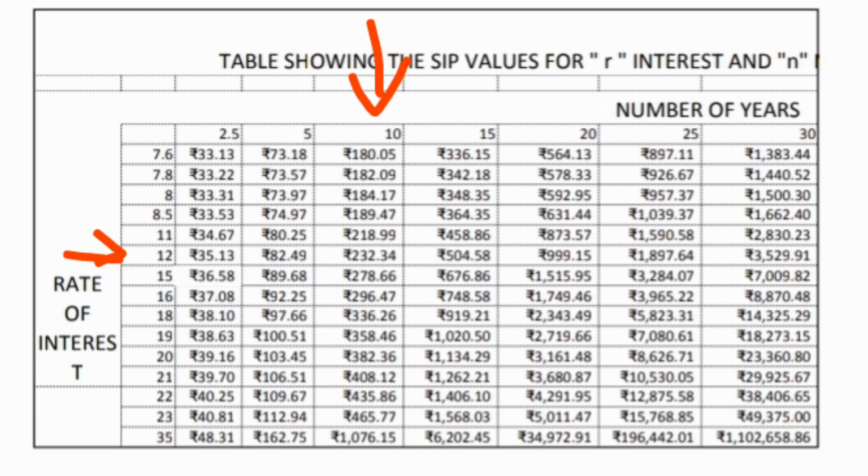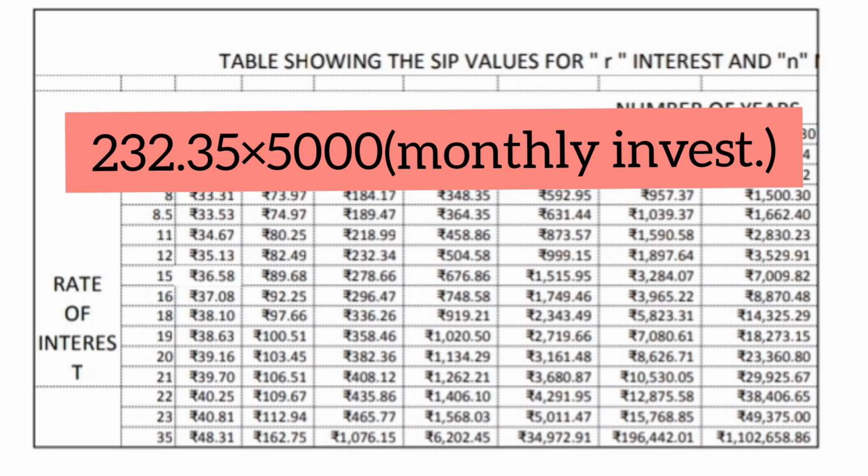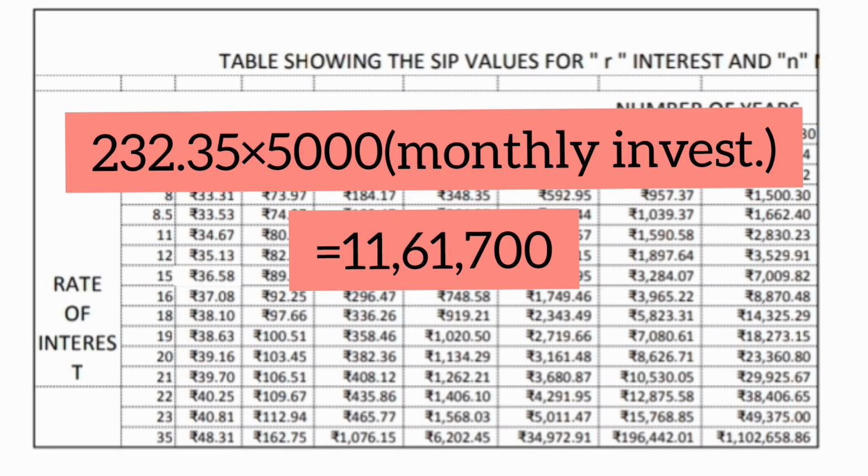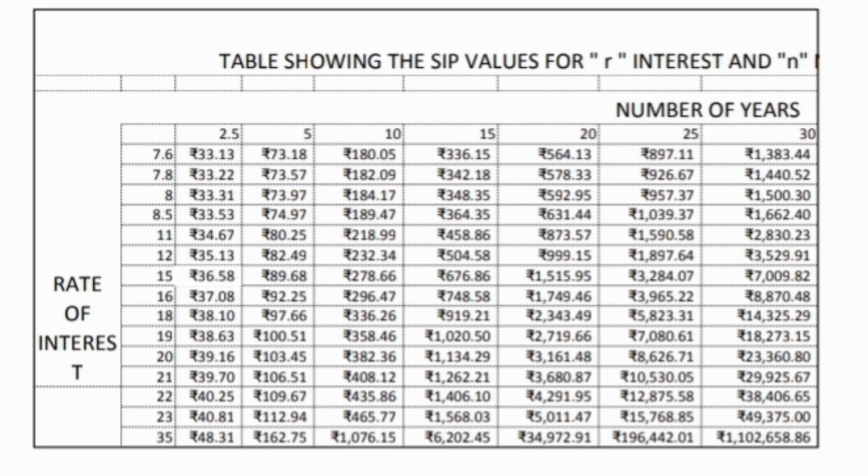So alongside 10 and 12, the number given is 232.34. We have to multiply this with the monthly investment. Let's say we are taking 5,000 for the monthly investment, so we get an answer of approximately 1,161,700. So this is how you can calculate your future value with the help of the SIP table. Thank you.